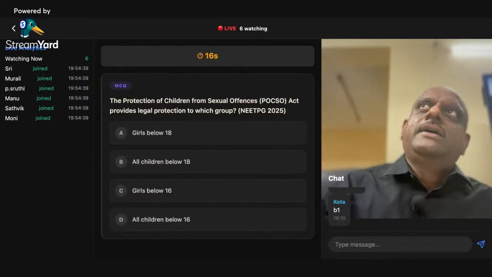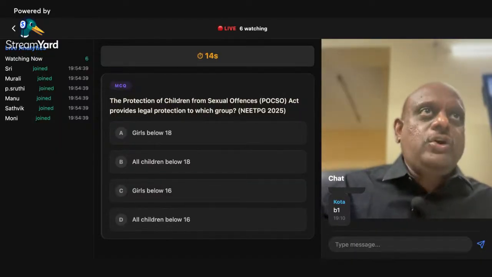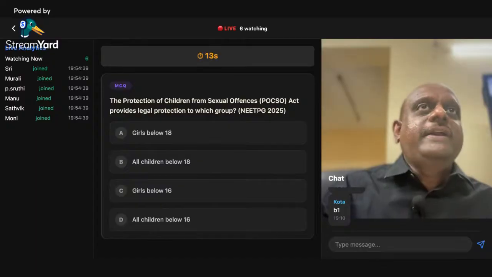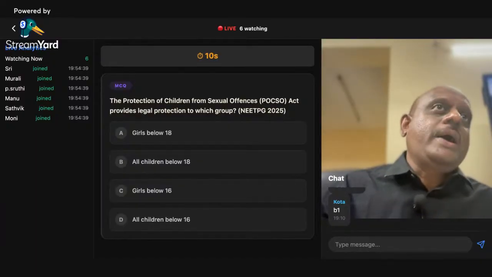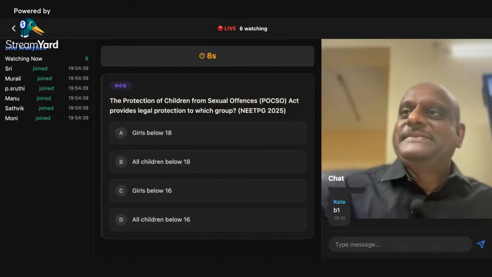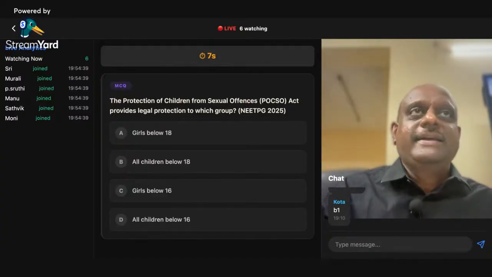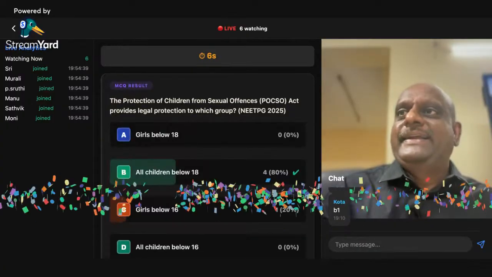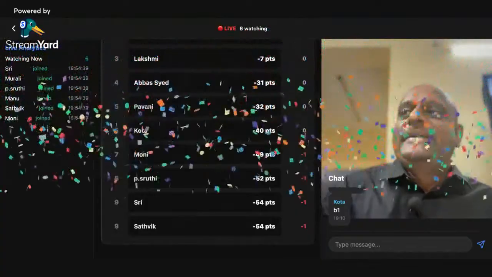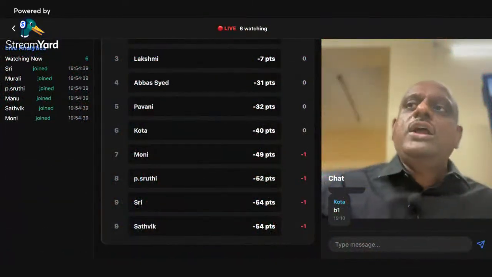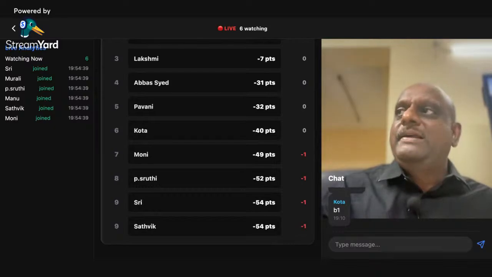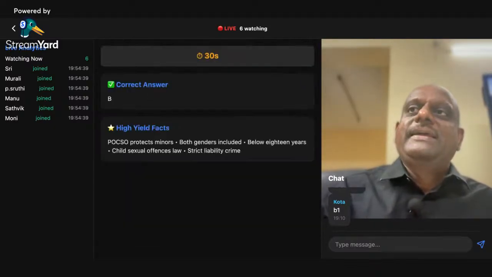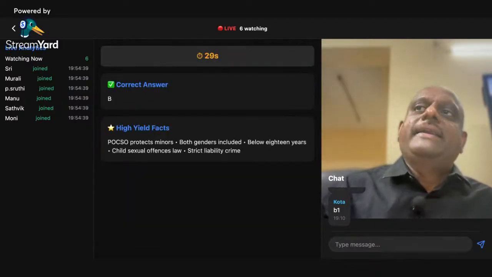After the mayhem in West Bengal, now in every NEET PG exam, POCSO Act questions will come. So what is your answer, doctor? All children below 18 come under the POCSO Act.